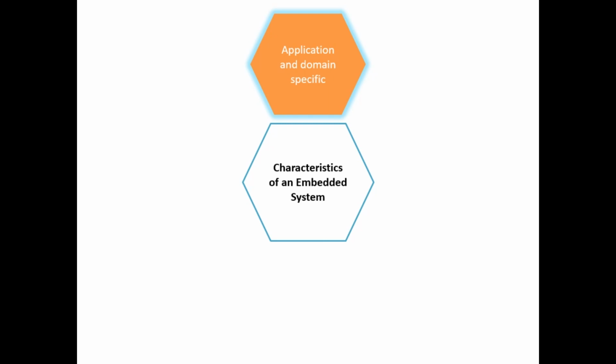To get a better idea, if I take an example, there are a lot of embedded control units present in a microwave oven. Similarly, there are embedded system control units present in an air conditioner. So you just imagine interchanging them.